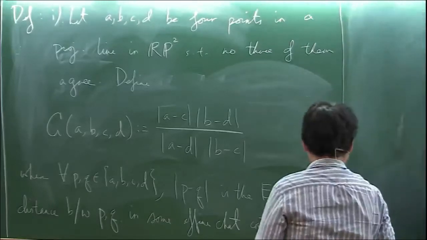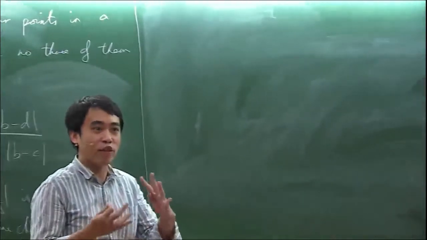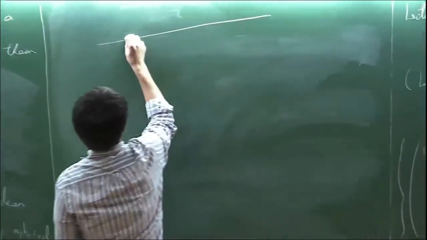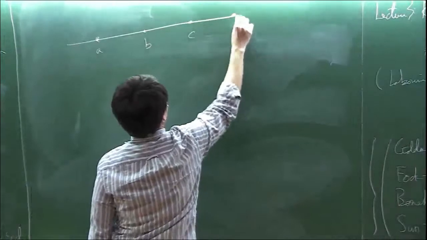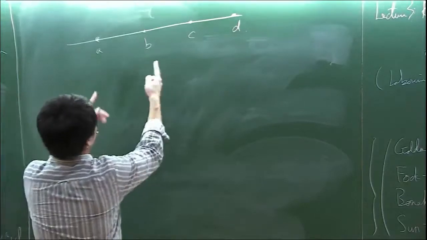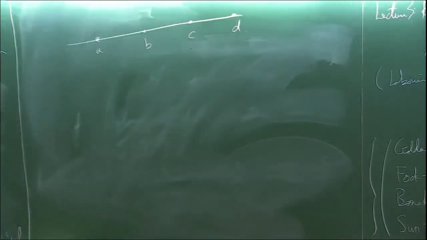You have these 4 points that lie inside of a projective line, so you can definitely choose an affine chart that contains all of them. In the affine chart, I'm drawing them like this. Then you just choose a Euclidean metric on this affine chart, meaning a Riemannian metric that is invariant under translations and rotations. Then you just measure the distance between these points in that metric, and then you just take this product and ratio.